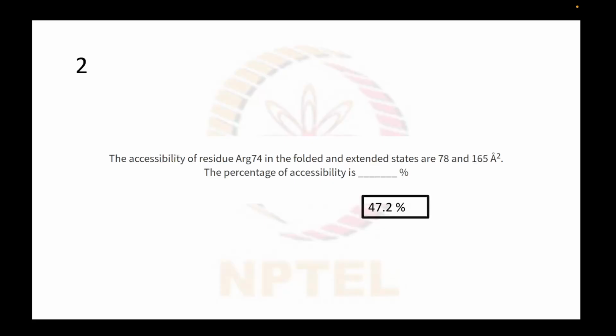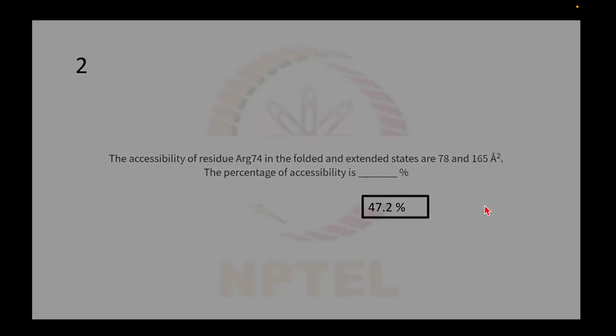It is 47.2%. That is the folded state, 78, divided by 165, into 100 to convert it to a percentage. This is the accessibility formula.